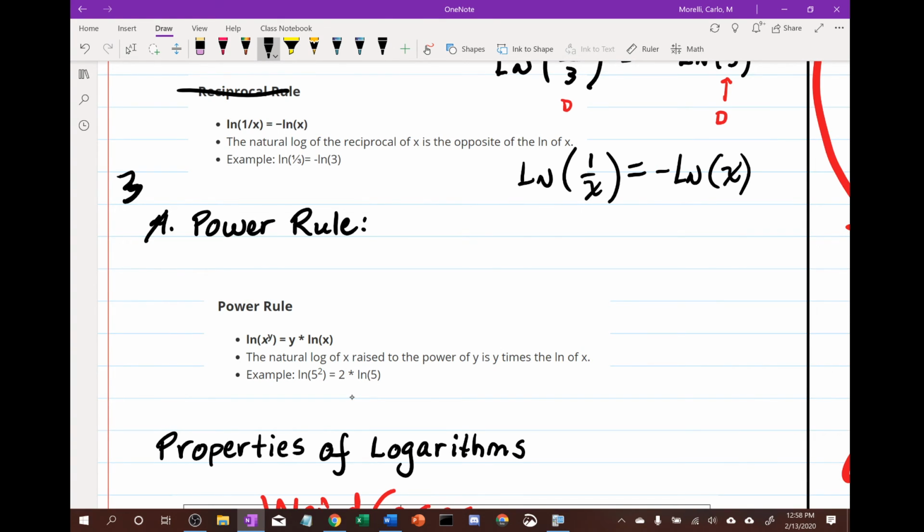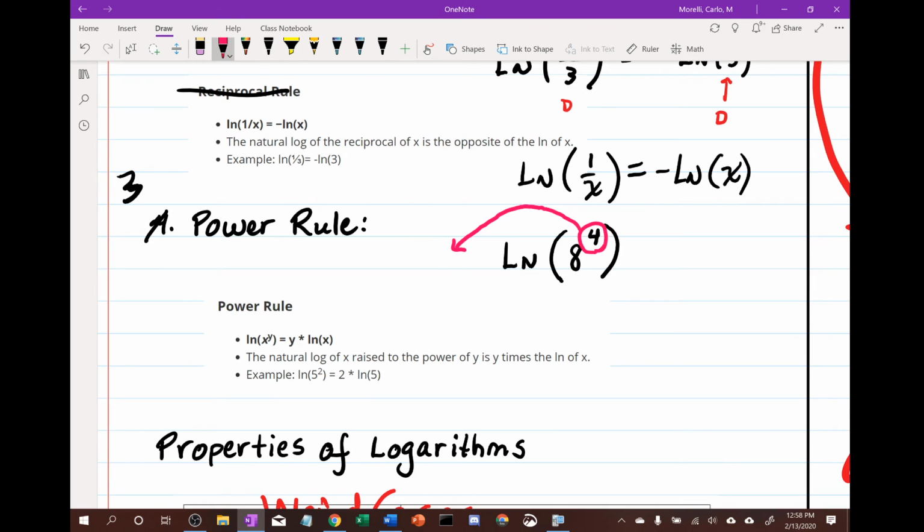If I have ln of 8 to the power of 4, I can rewrite that. Let me show you what happens. This little dude right here moves out of his position in the exponent space, and he moves down right over here.